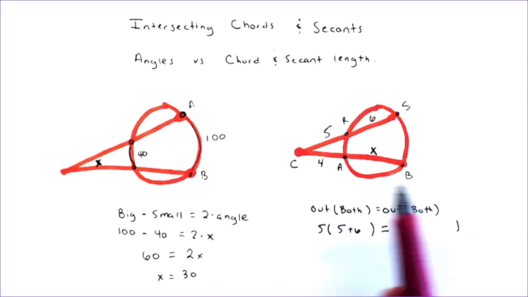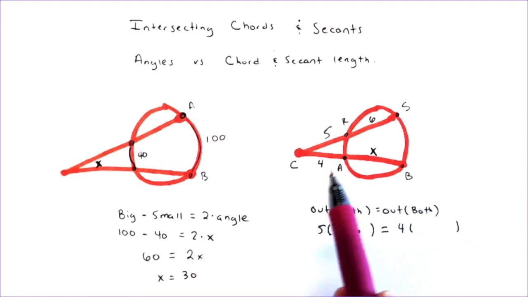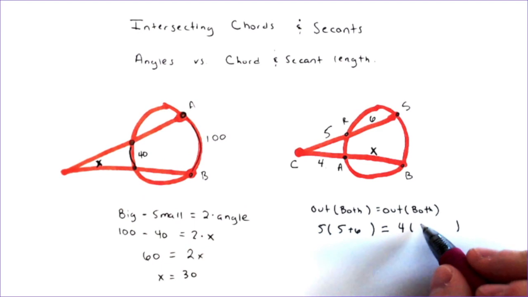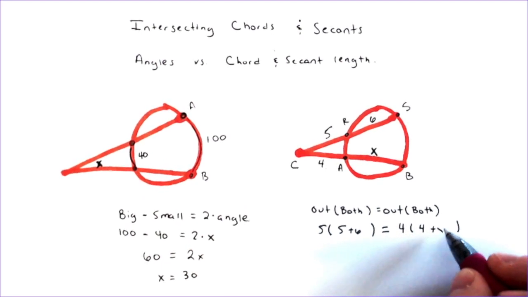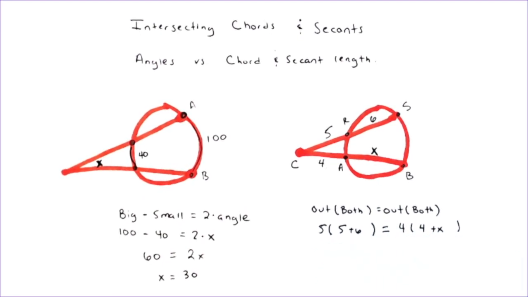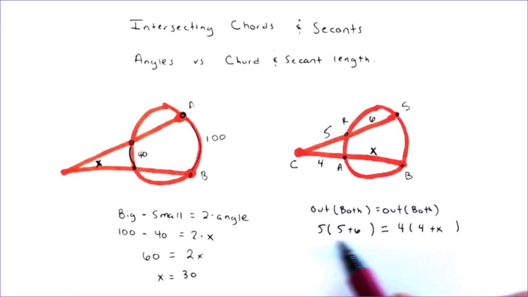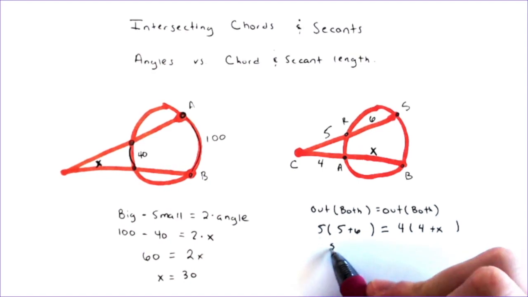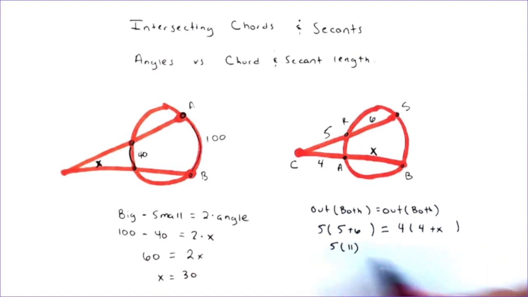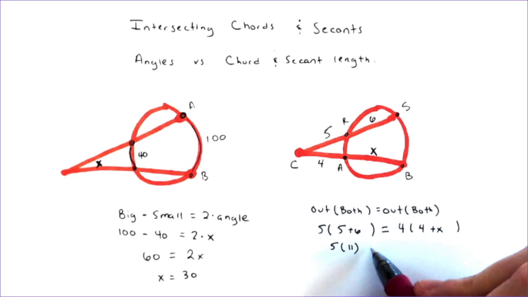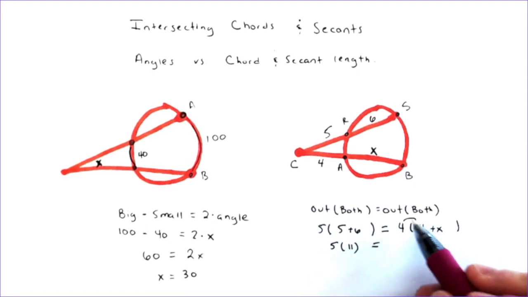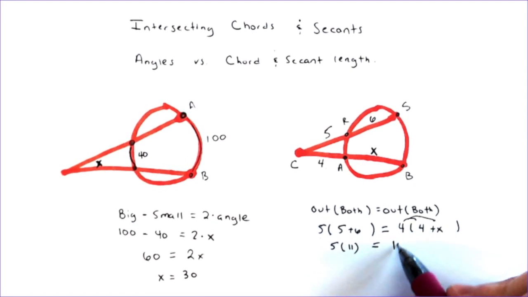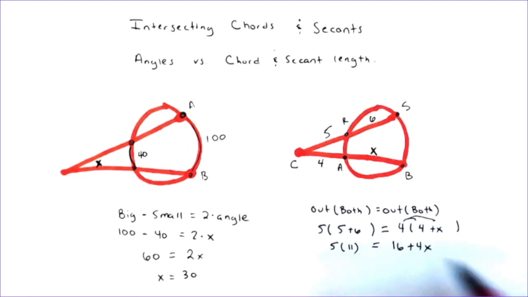Well, both of them in this case is not going to just be a 4 or an x, but we have to add them together, so that would be 4 plus x. And we just have to follow through with that equation. So on the left side of the equation, we have 5 really times 11. And on the right side of the equation, we have to distribute the 4, giving us 16 plus 4x.